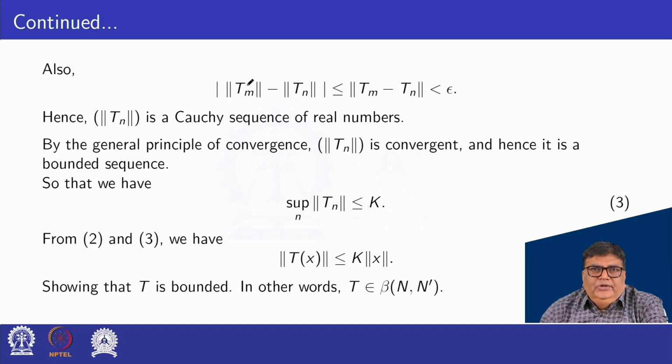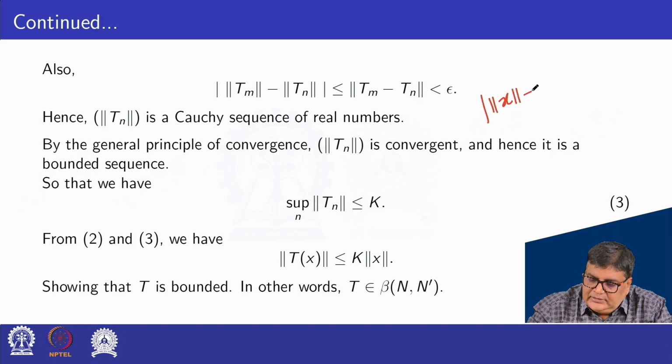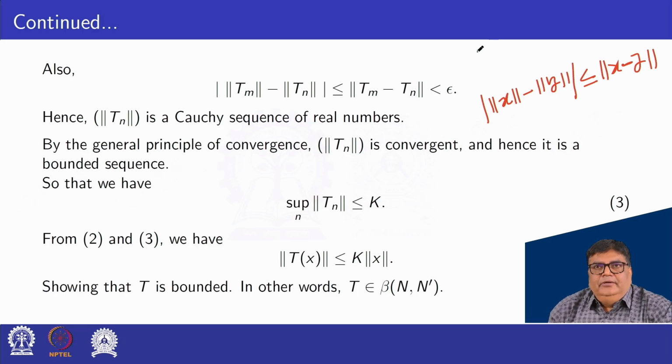Also, we know that |‖Tm‖ − ‖Tn‖| ≤ ‖Tm − Tn‖ < epsilon. Why? Because we know that |‖x‖ − ‖y‖| ≤ ‖x − y‖, already proved in the chapter on normed linear space.